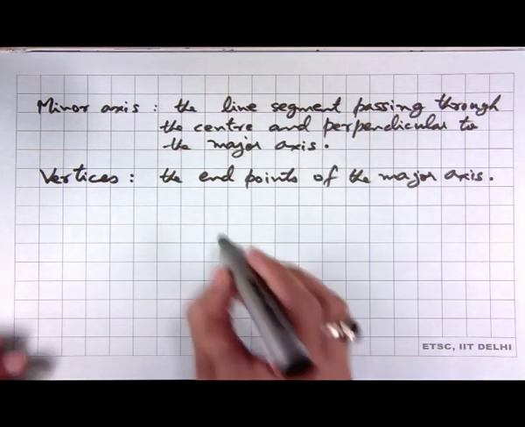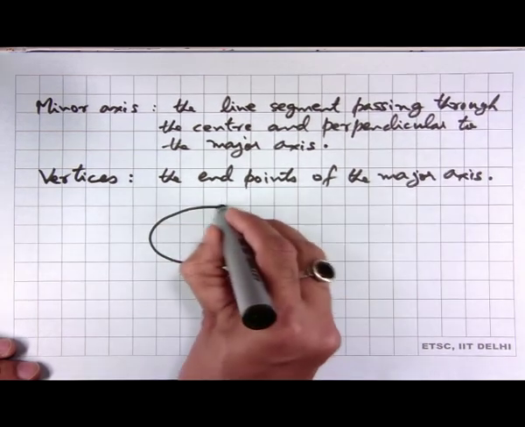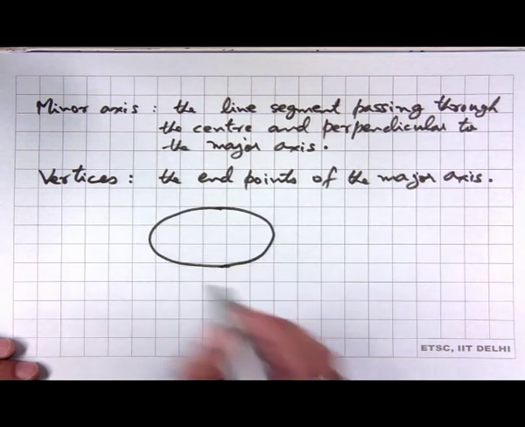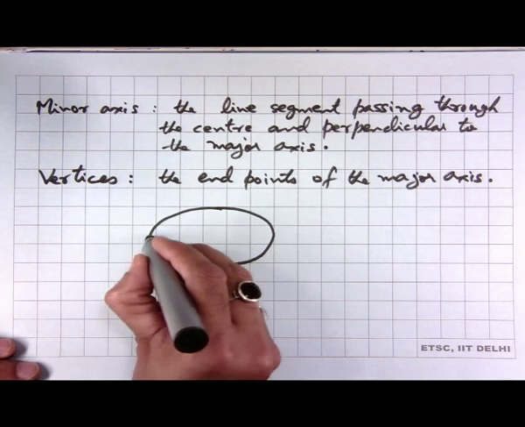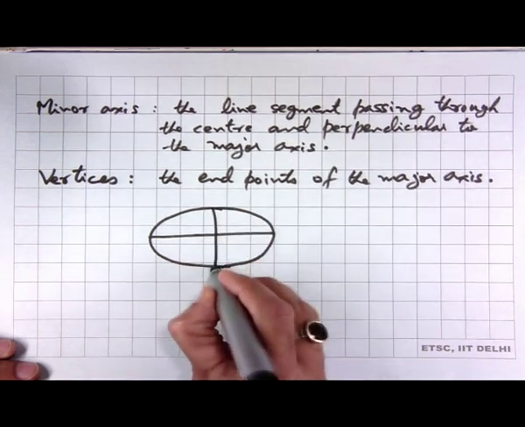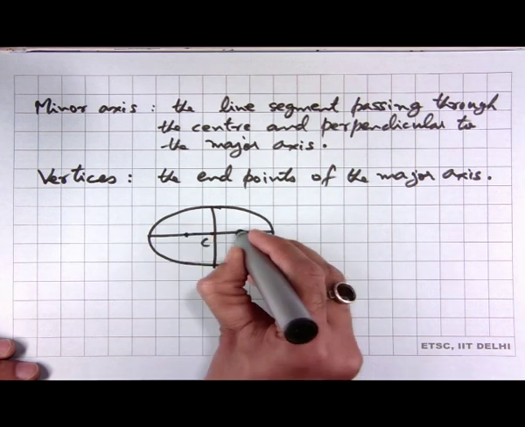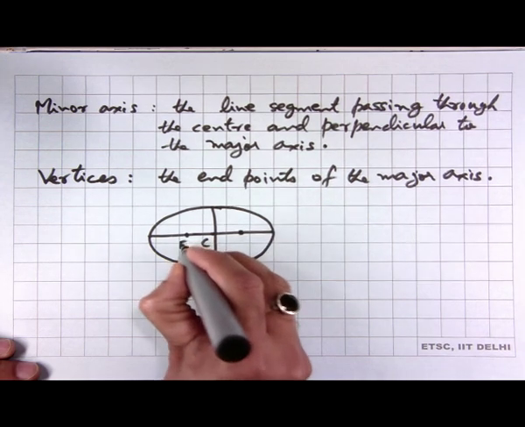So, let us draw an ellipse. This is the center, these are the foci f 1, f 2.